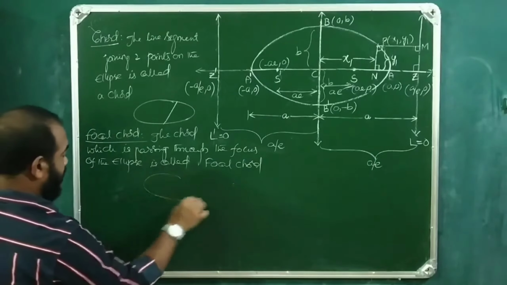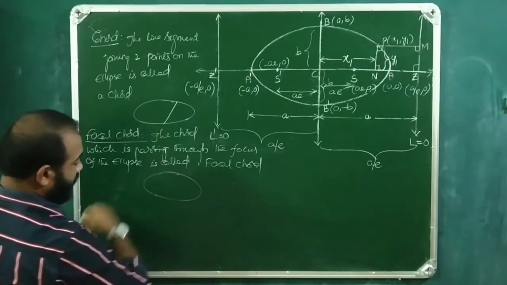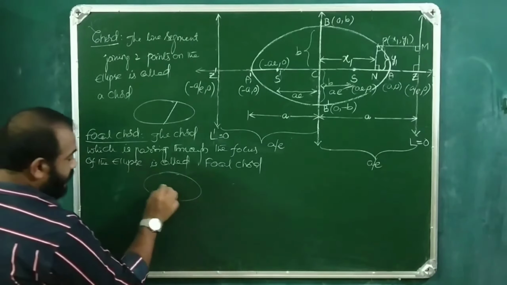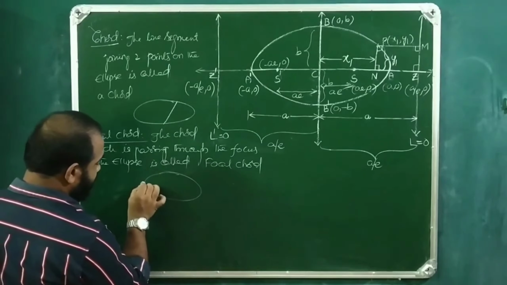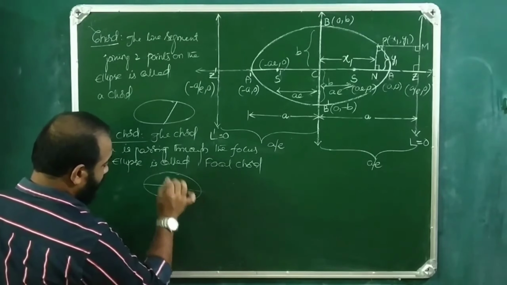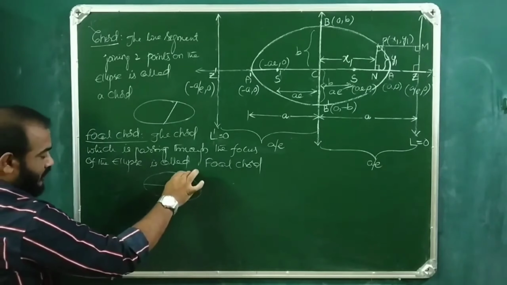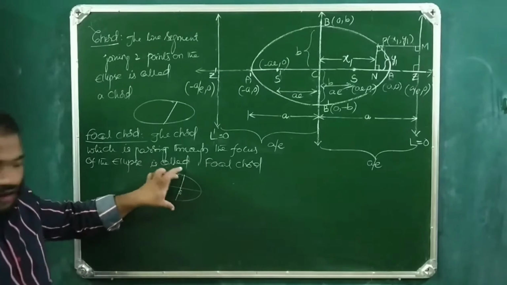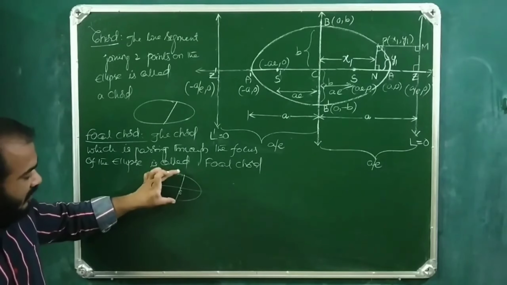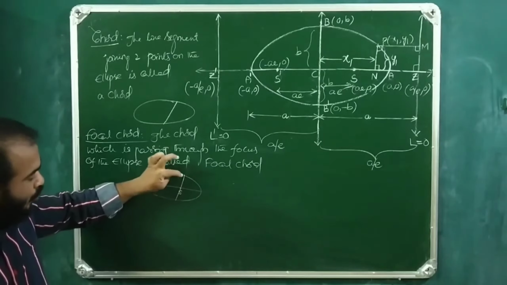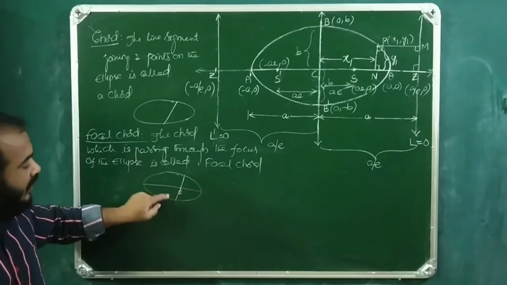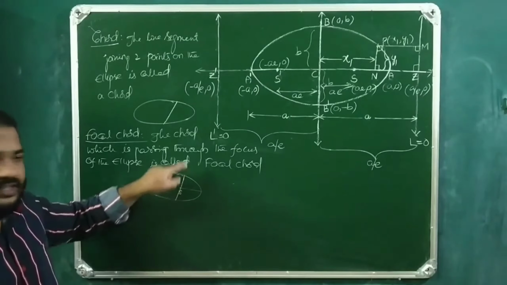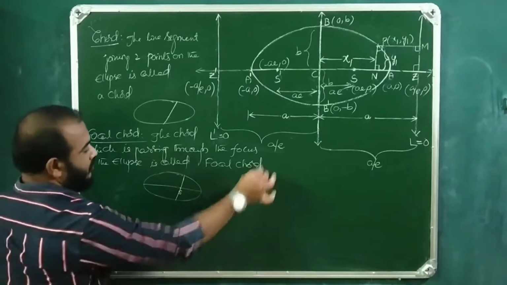This is the ellipse, for example, and this is the focus. This line is a chord because it is the line joining two points of the ellipse, and it is passing through the focus. Therefore, it is called the focal chord.